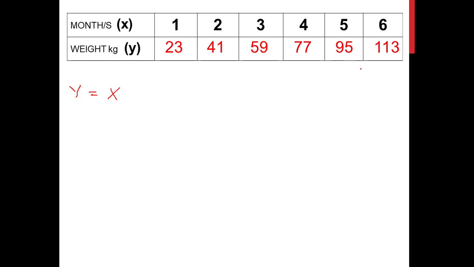Check first if our table of values is a linear function. How? By subtracting each value of our range from its preceding term.